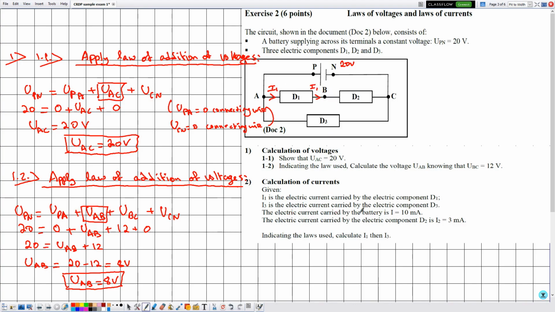I3 is the electric current carried by the component D3. Then across the terminals of D3, we have a traverse current given by I3. The electric current carried by the batteries I is equal to 10 milliamps.